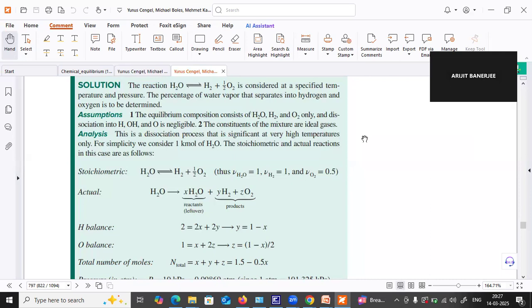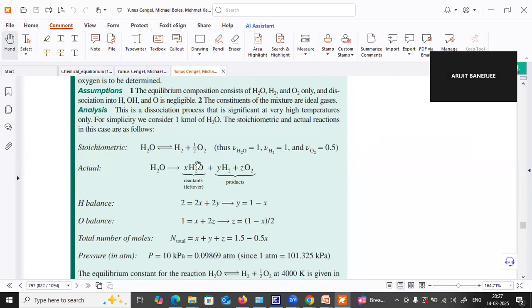Next, what we do? Therefore, we can write the stoichiometric reaction because the stoichiometric coefficients are to be known. So accordingly, nu H2O is 1, nu hydrogen is 1, nu of O2 is 0.5.